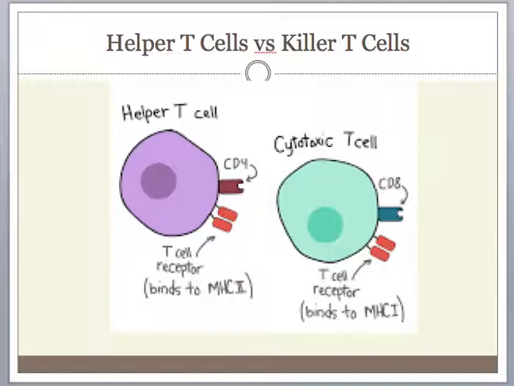T cells that have the CD8 generally function as the cytotoxic T cells or killer T cells and recognize the antigens with the MHC class 1 complexes with their receptor. So that's the basic structure of both of the cells, which will help understand the function a little bit more.